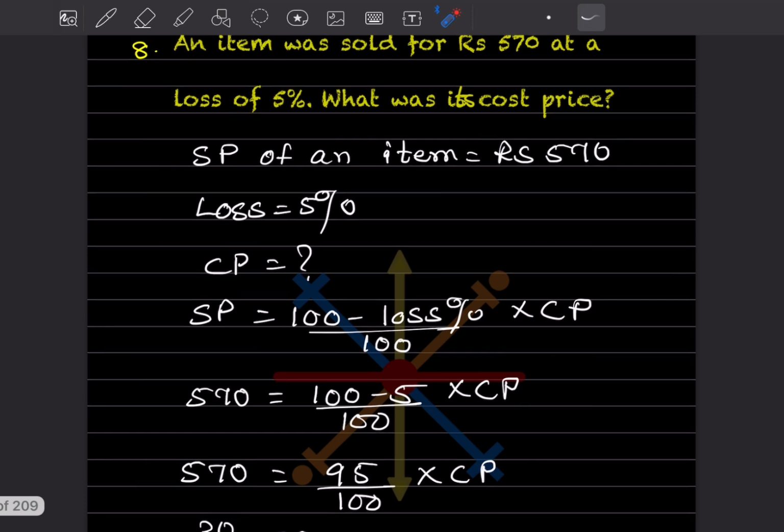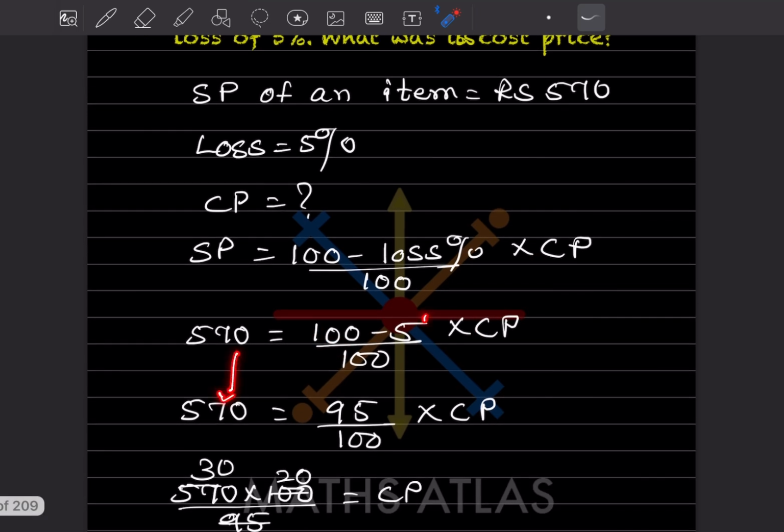So now you know the selling price, that is given as 570. 100 minus 5%, because that is given, divided by 100 into the cost price, which we don't know. So 570 is going to be 95 divided by 100 into cost price.